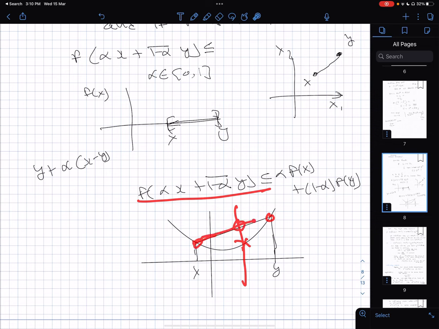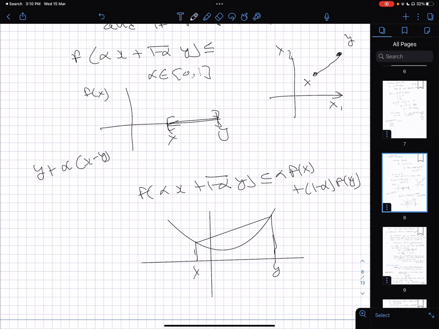If I do a linear interpolation by fitting a line, I will evaluate this, which is the RHS, and the actual function value is less than or equal to this. If this strict inequality holds everywhere, then the function will be called strictly convex.